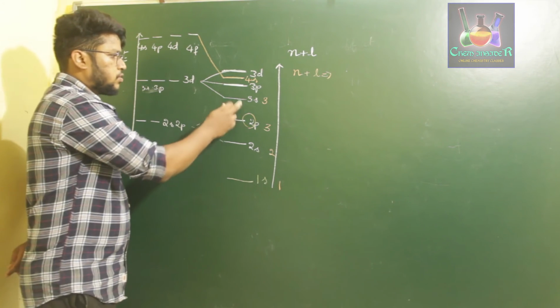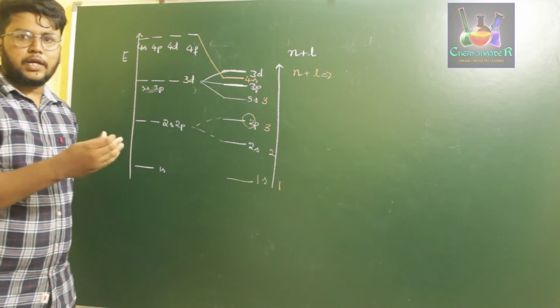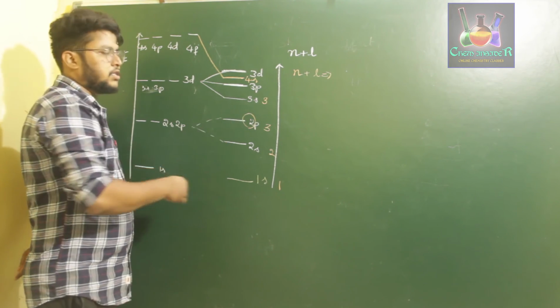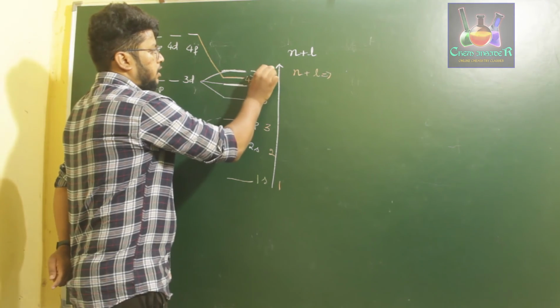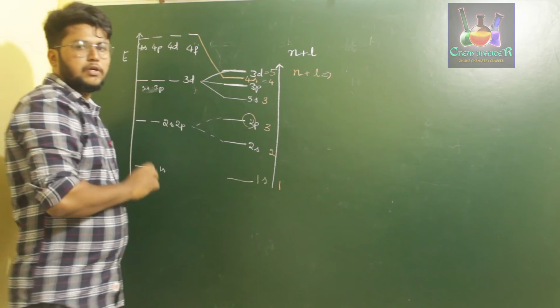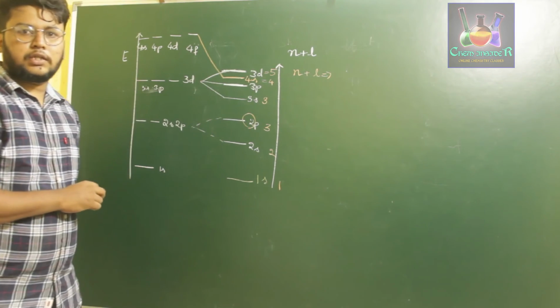Out of these two, the value of n is less for 2p, therefore it is the lower energy level, whereas 3s is the higher energy level. In case of 4s we get 4, and for 3d we get 5. So we arrange 4s first and later the 3d orbital.